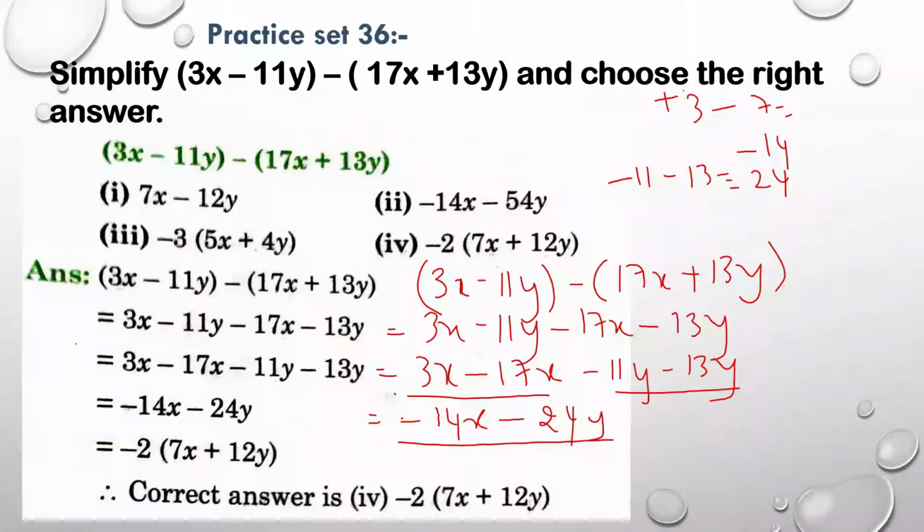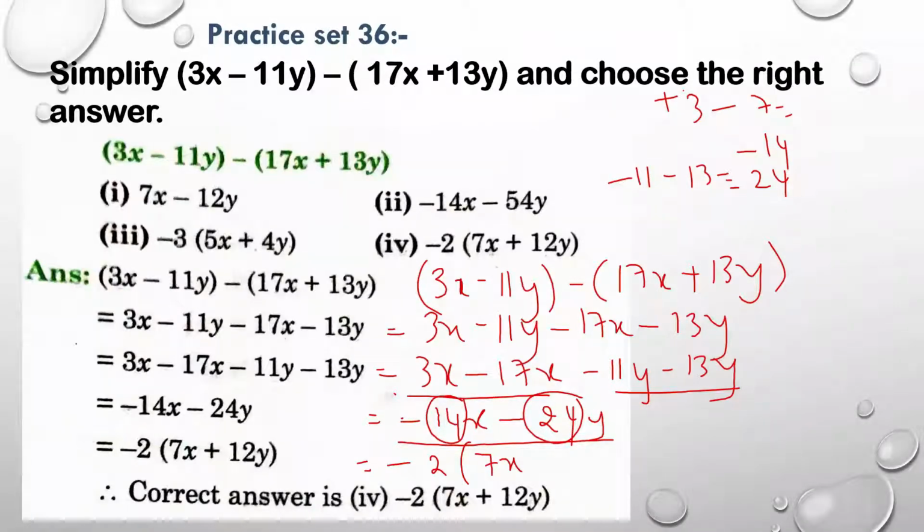From that, which is the common factor in both? 2 is the common factor. So minus 2, you have to take it out. And what will remain in the bracket? If you remove the minus 2, 2 7s are what? 14, right? So 7 will remain in the bracket, so 7x. And here 2 12s are 24, so 12 will remain.